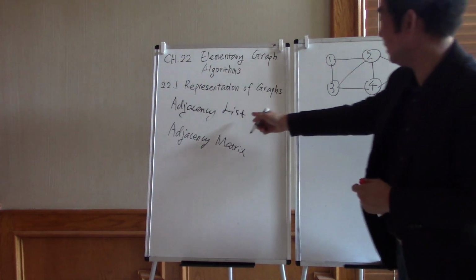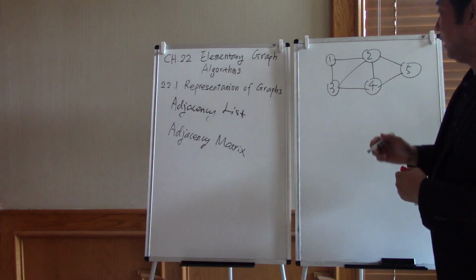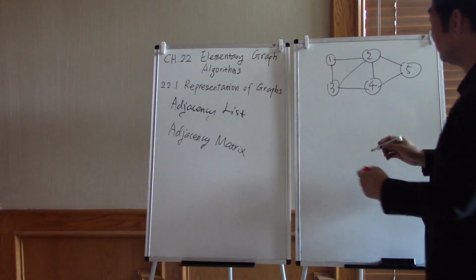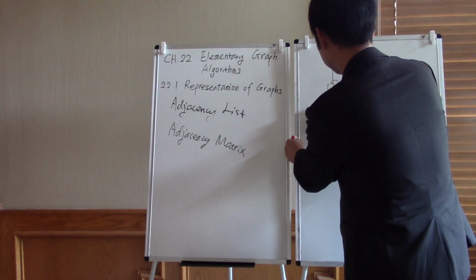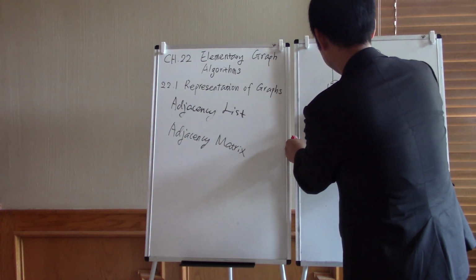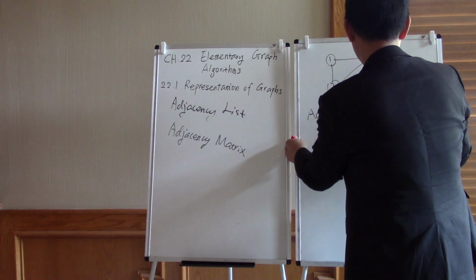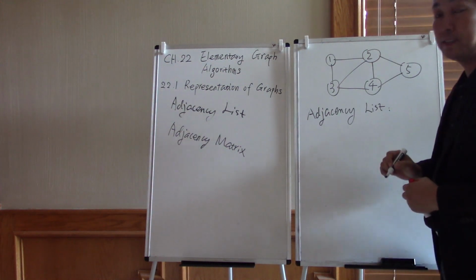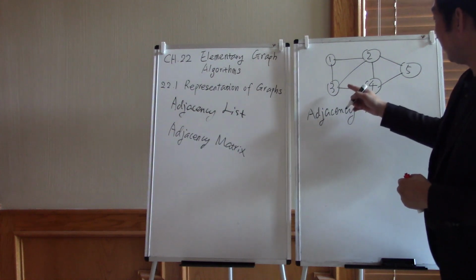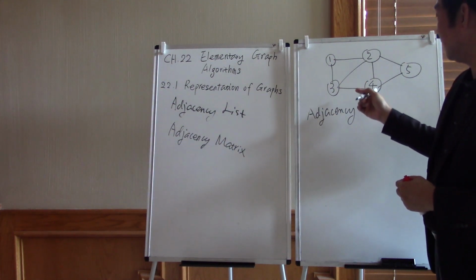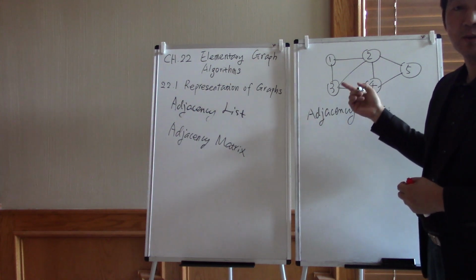In the adjacency list, for every node, we record what its neighbors are. So here's the solution for the adjacency list. If it's an undirected graph, then the neighbors are quite clear.